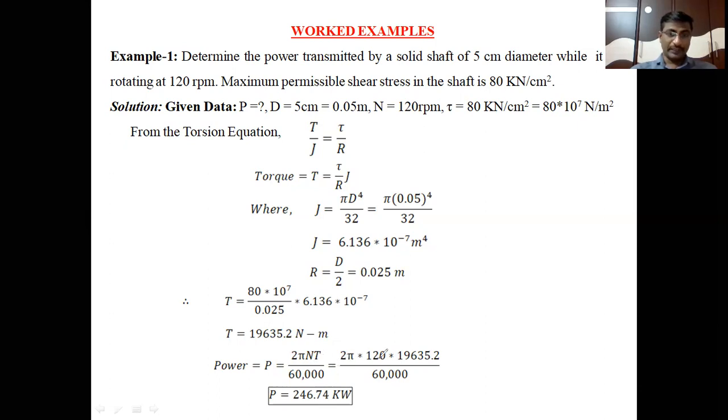So 2 pi into N, which is 120 rpm given in the problem, and torque is 19635.2 newton meter, divided by 60,000. Then we will get the power in kilowatts. It is 246.74 kilowatts, the power transmitted by that shaft when it is rotating at 120 rpm to develop the maximum shear stress in the shaft of 80 kilonewtons per centimeter square. Clear? This is the formula. By using the torsion equation, we can solve the problem.